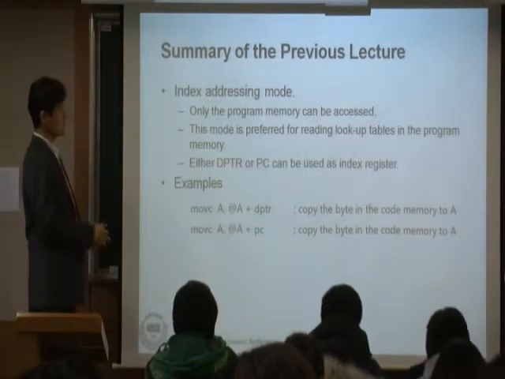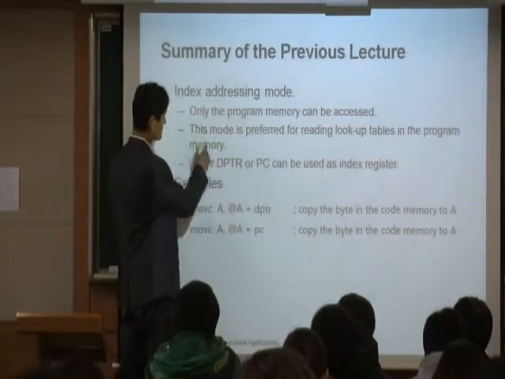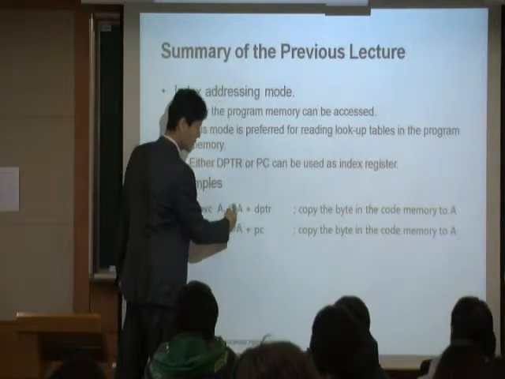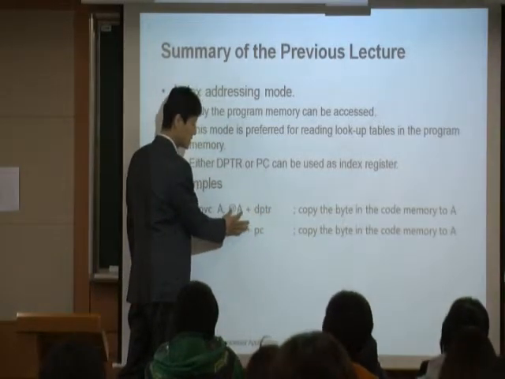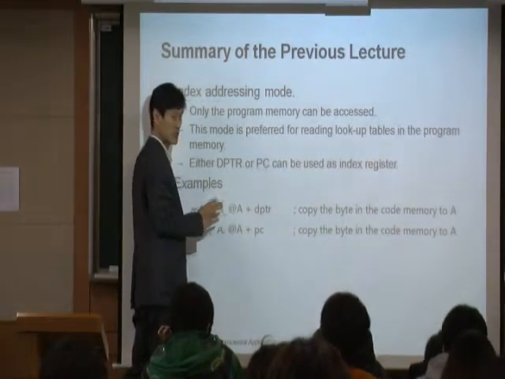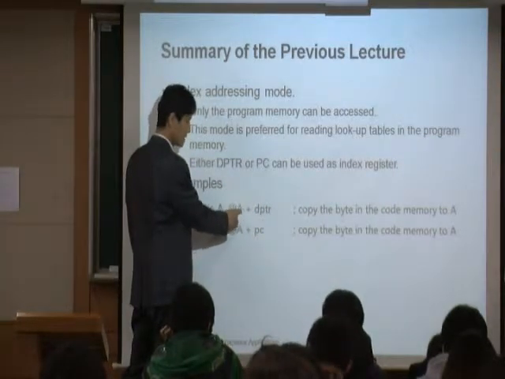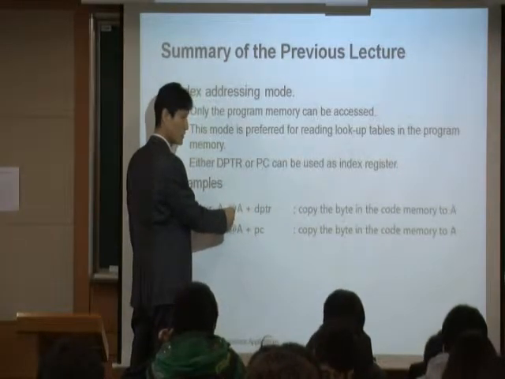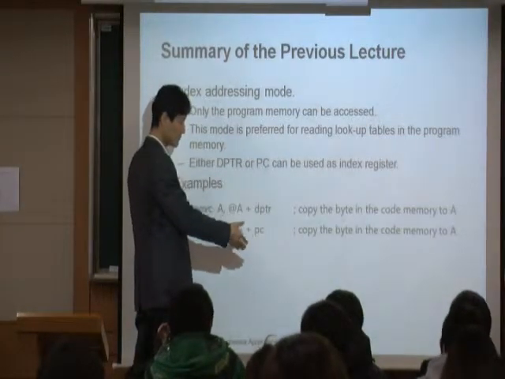There's also the index addressing mode. In this case, the difference is that you use this particular value as an index. This one is a base address, and this one is the index. The base address does not change, but the value in here is incremented.